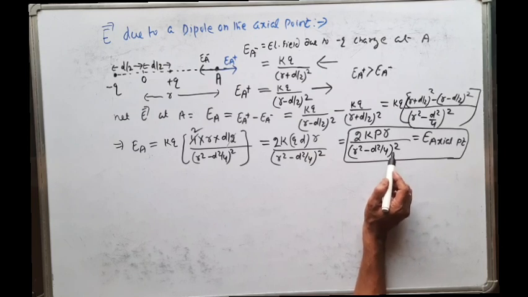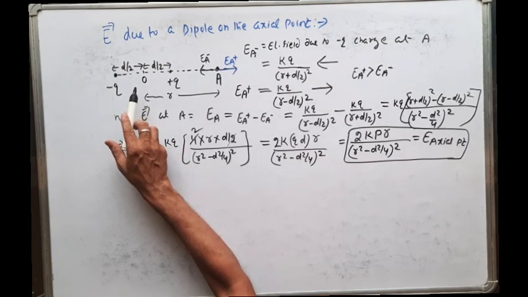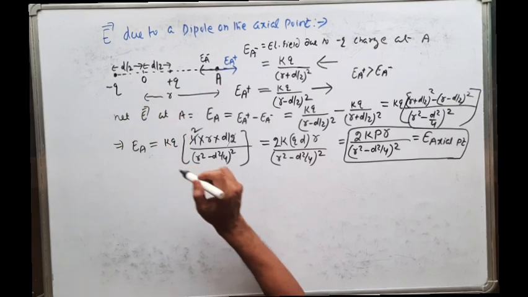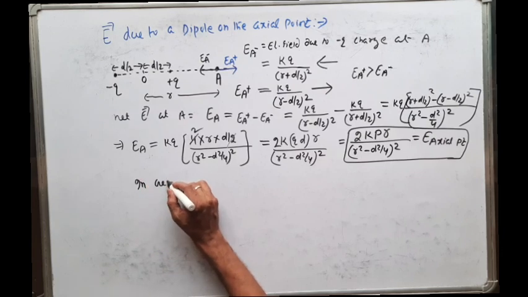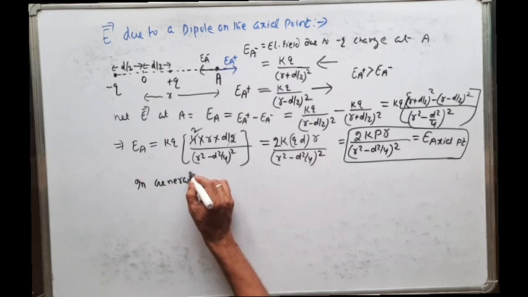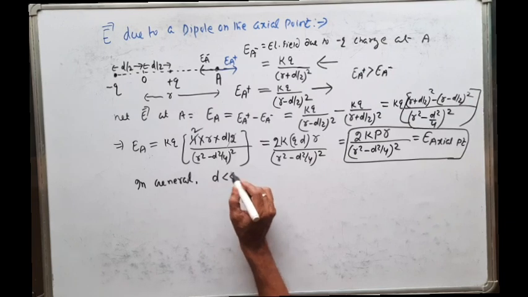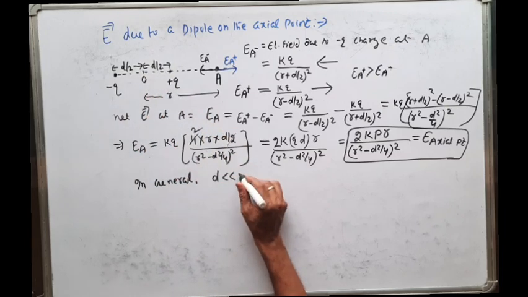Now you see, what is the definition of a dipole? The separation distance is very small. So in general, the separation distance d is very, very small compared to r.